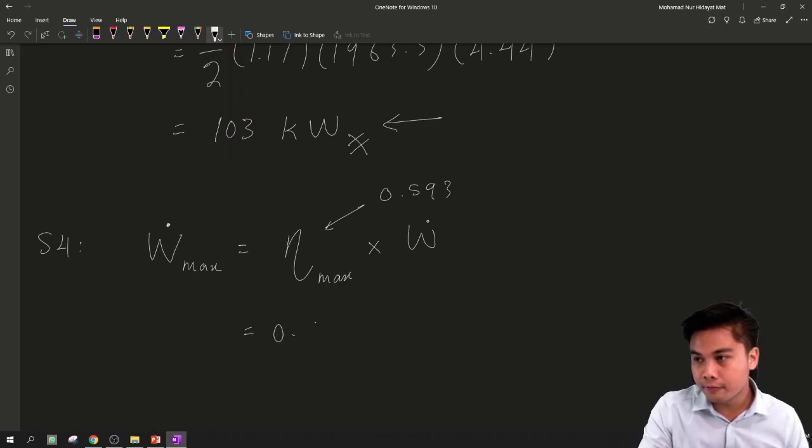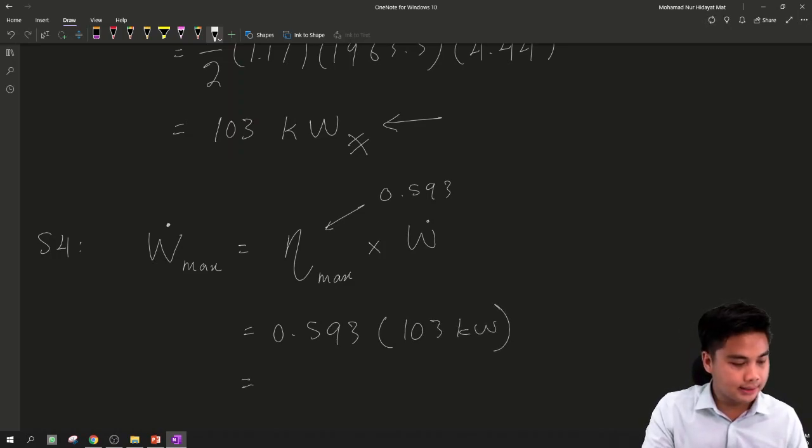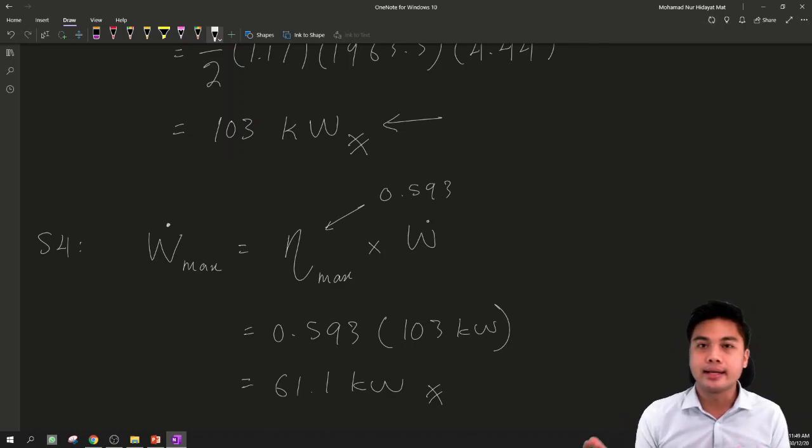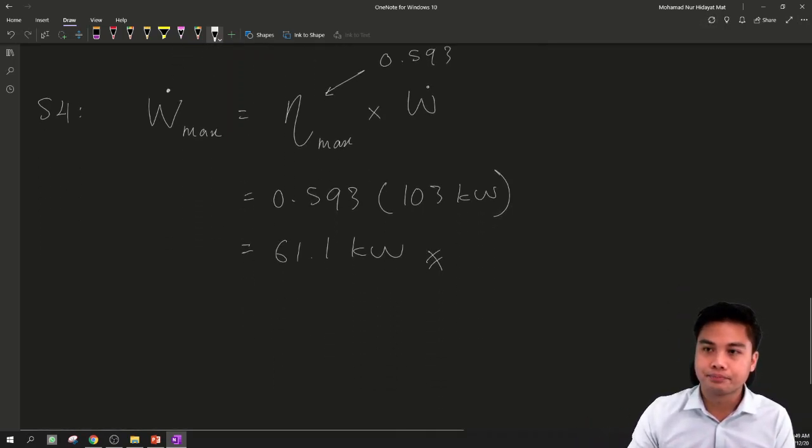So 0.593 multiplied by 103 kilowatt gives 61.1 kilowatt. This is the maximum that we can get from the wind turbine.